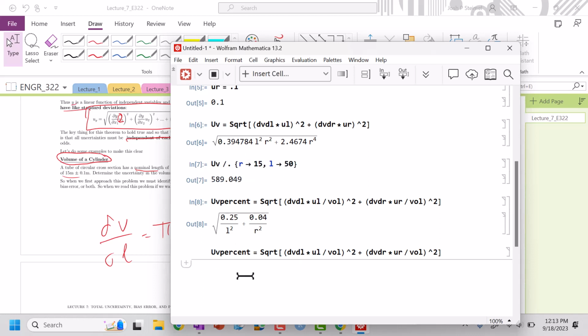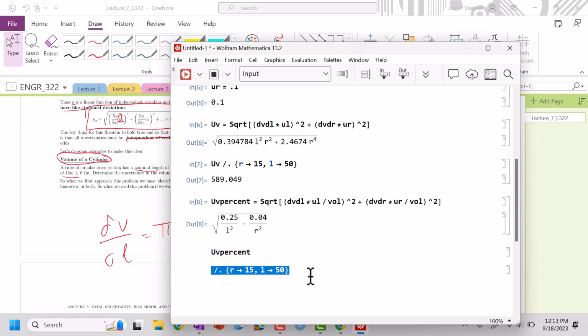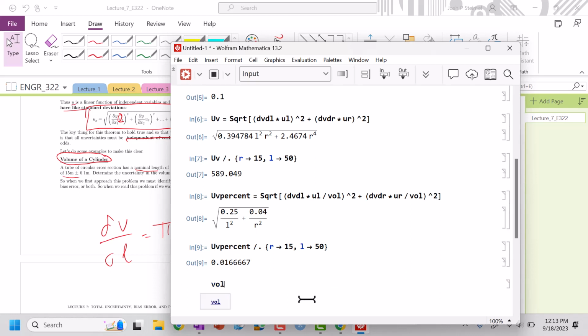Let's go ahead and plug that in here. So that would be my uncertainty in percent. Let's see if that's true. So I can do volume, plugging in these values here.